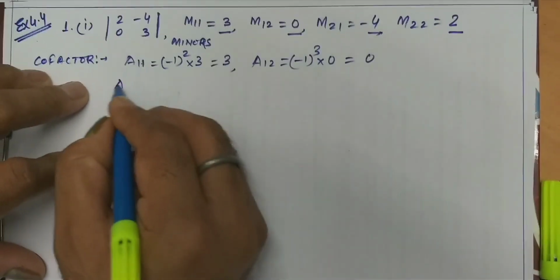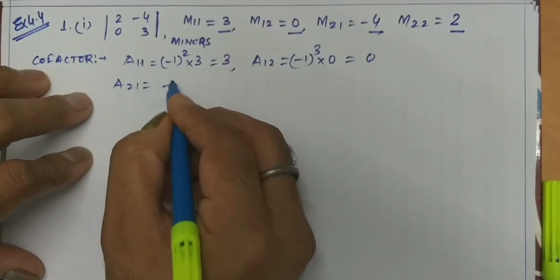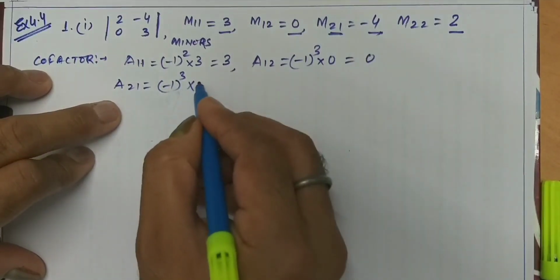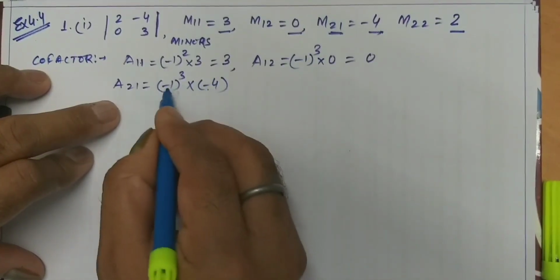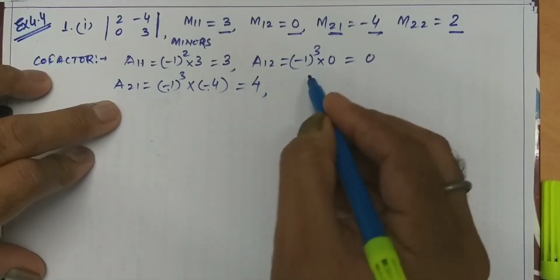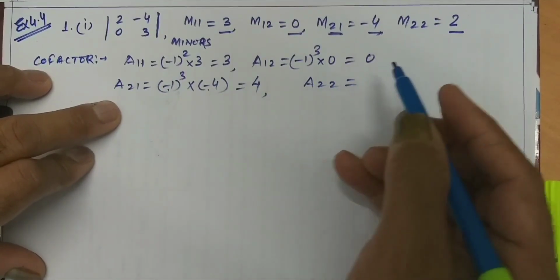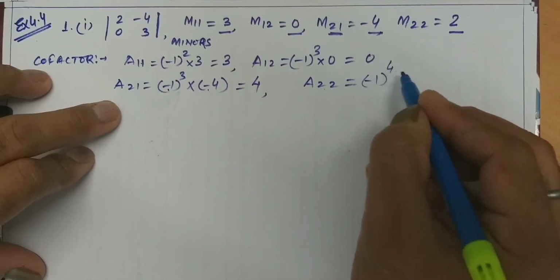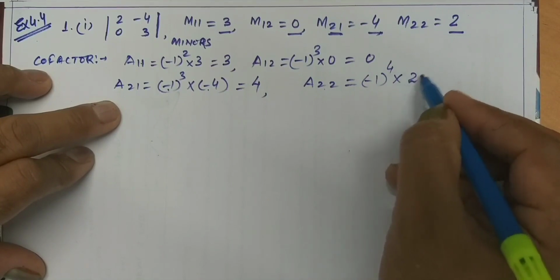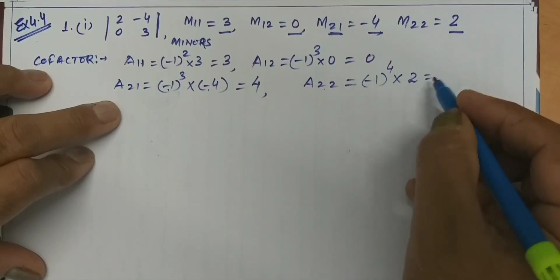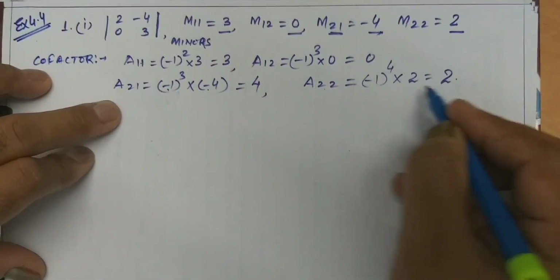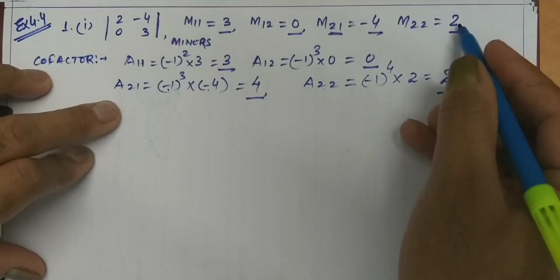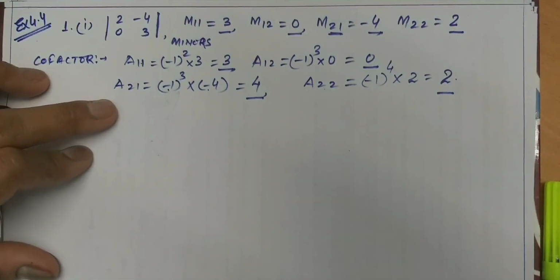And then A21, again minus 1 to the power 3, into minus 4, so this minus and this minus give plus 4. And the last is A22: minus 1 to the power 2 plus 2, which is 4, into 2, so it is 2. So these are the cofactors and these are the minors. That's all about this question.